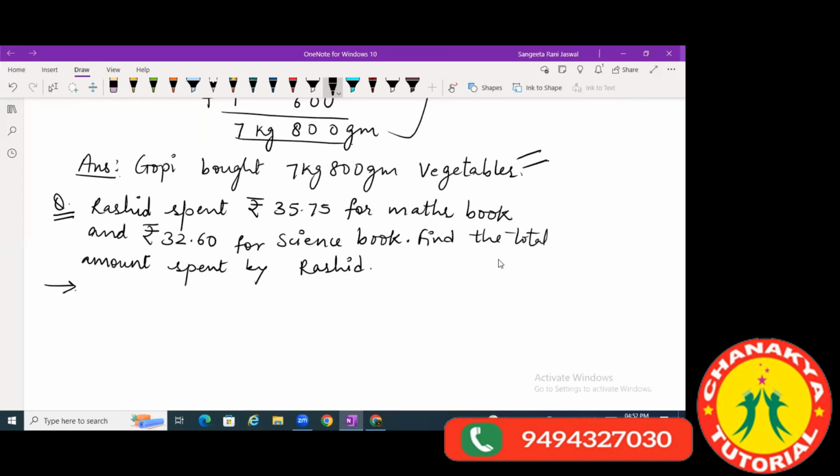Ma'am, Rashid spent for maths book equals rupees 35.75. Okay. So everyone please write the first statement.